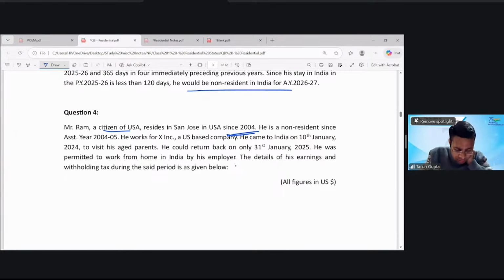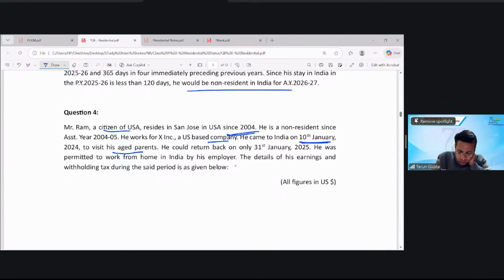He works for S Inc., a US-based company. He came to India on 10th January 2024 to visit his aged parents. So he's from India, but he has taken the citizenship of USA. He came for the first time after a long gap on 10th January 2024.